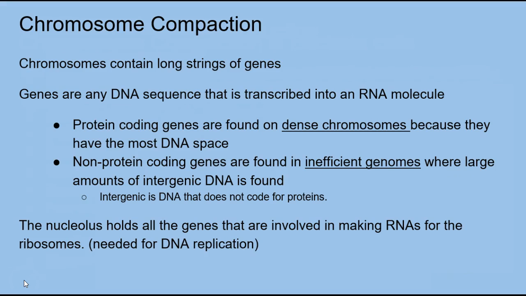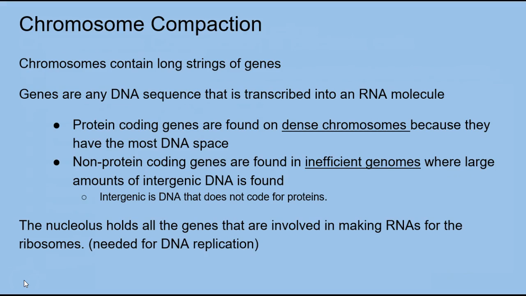So chromosomes contain long strings of genes, which are DNA sequences that can be transcribed into an RNA molecule. Protein coding genes are found on dense chromosomes because they have the most DNA space. Non-protein coding genes are found in inefficient genomes where large amounts of intergenic DNA are found.